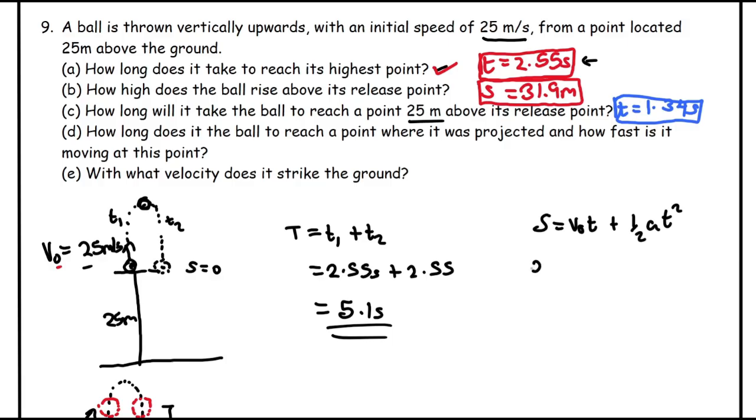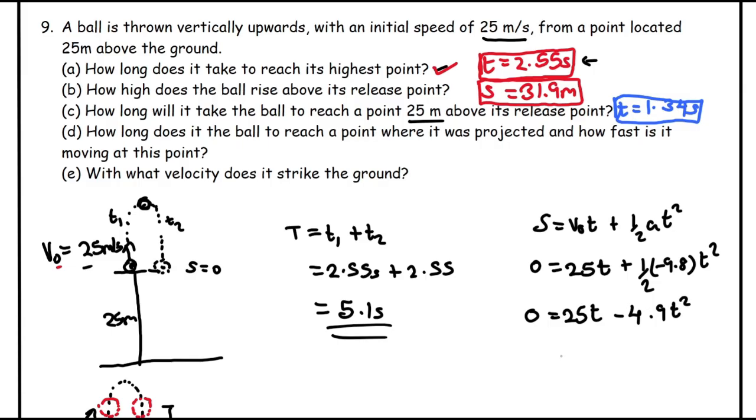We have displacement, which is 0. Initial velocity is 25. Time is what we are looking for. Plus half, our A is negative 9.8, then we have T squared. We simplify this. We have 0 is equal to 25T minus 4.9T squared.